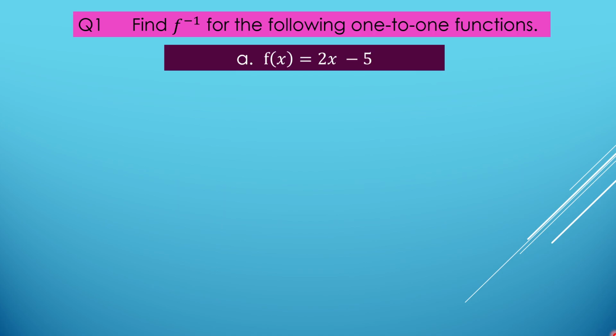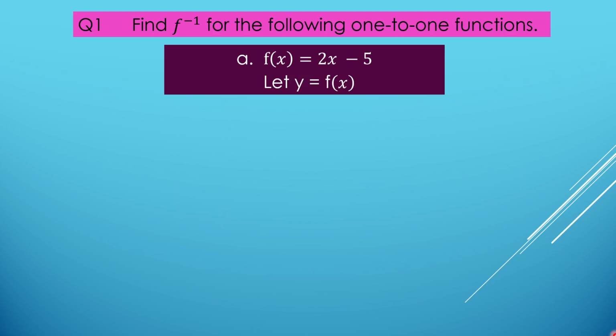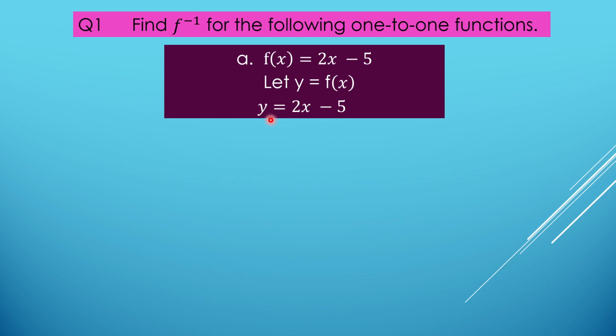Okay, question A, you are given f(x) equals 2x minus 5. Remember, in order to find the inverse, first you have to make this sentence: let y equal f(x). Therefore, you change the f(x) to y.